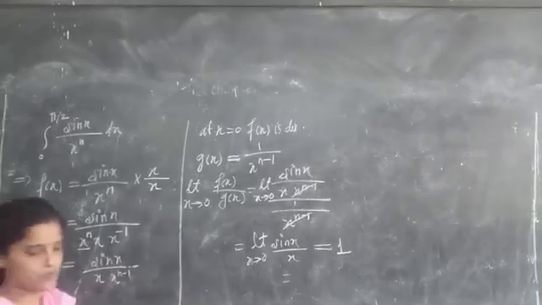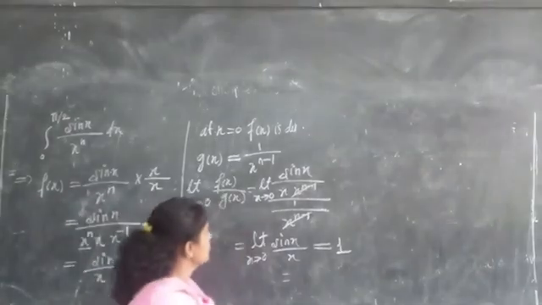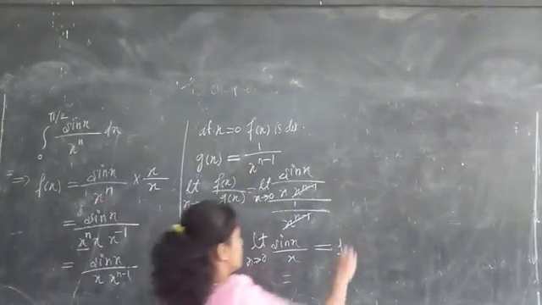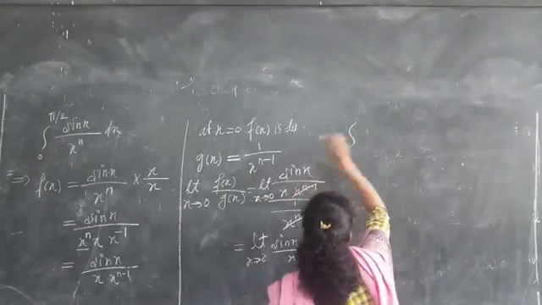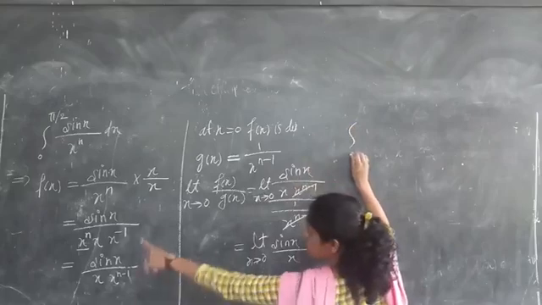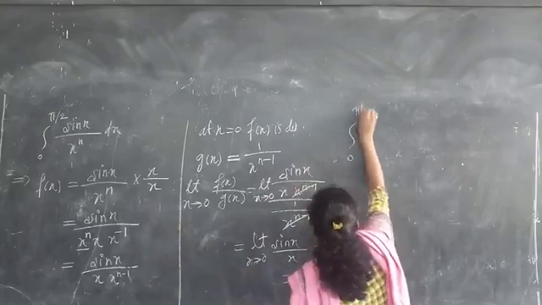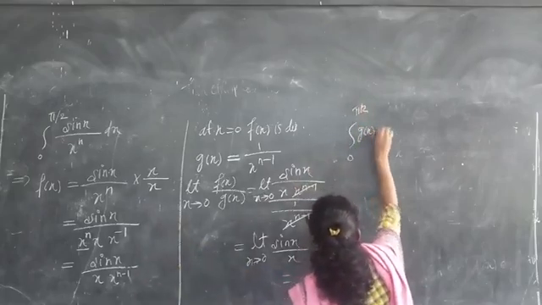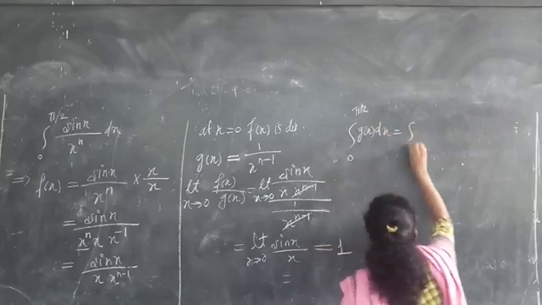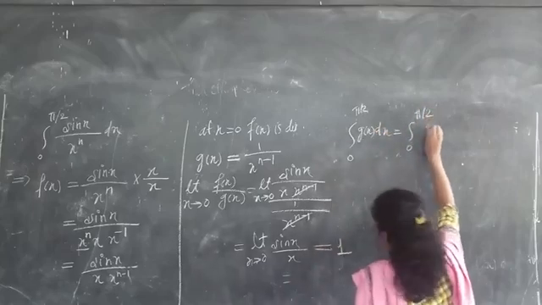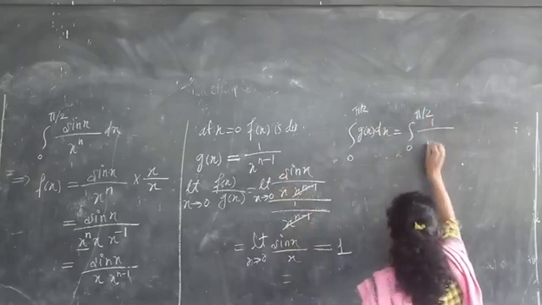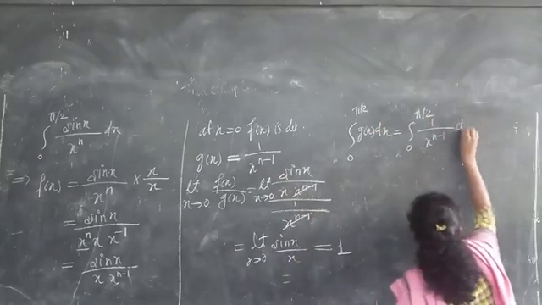Now we'll see whether g of x is convergent or divergent. That is, integral from 0 to pi by 2 of g of x dx equals integral from 0 to pi by 2 of 1 divided by x to the power n minus 1 dx.